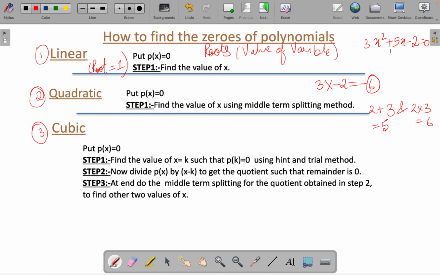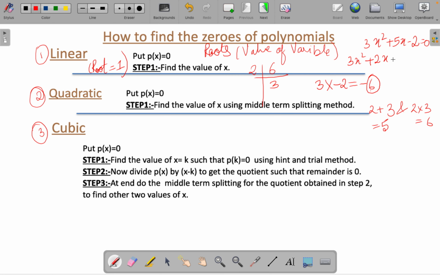Okay, so now let's see how to do the factors. You are already aware, in the last chapter we have done it. So the factors are 2 and 3. Alright, so let's try and do the middle term splitting. 3x square plus 2x, children, I need minus 6.